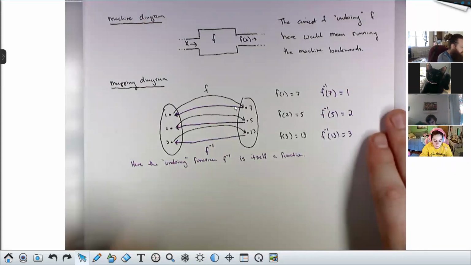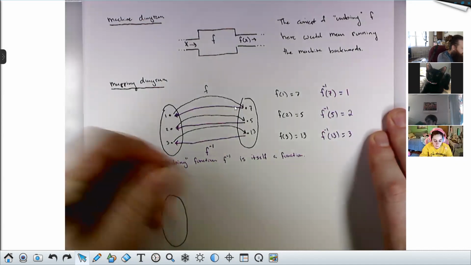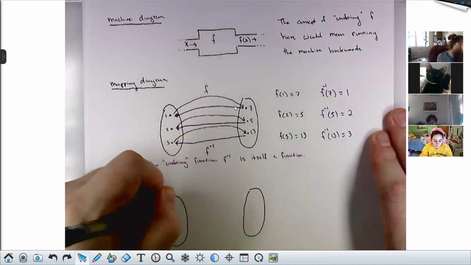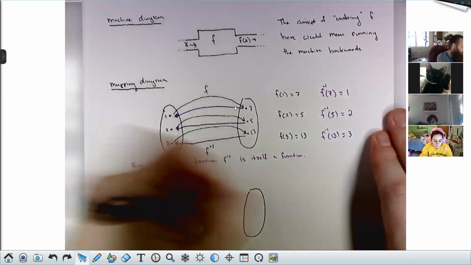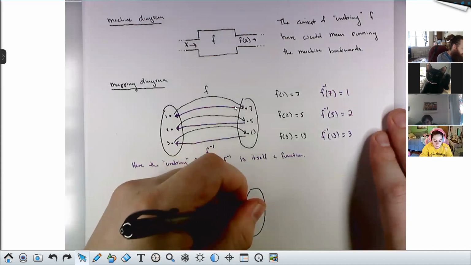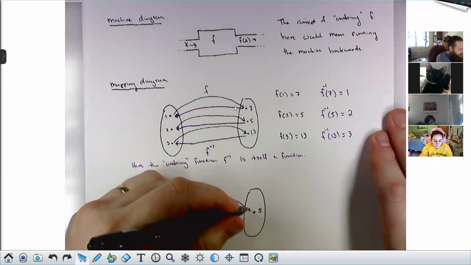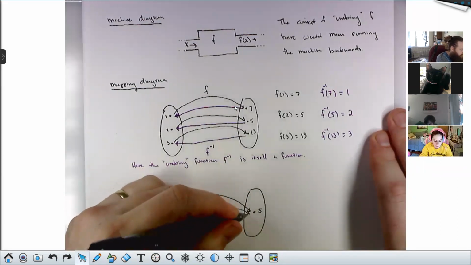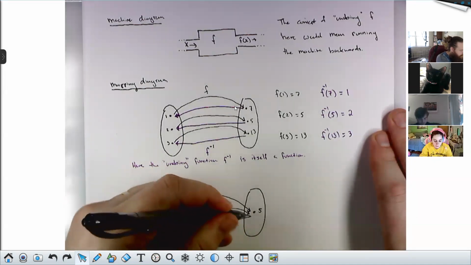If you think about the mapping diagram for the constant function, just for fun, say it's the constant function 5. So f sends 1 to 5, sends 2 to 5, and sends 3 to 5.